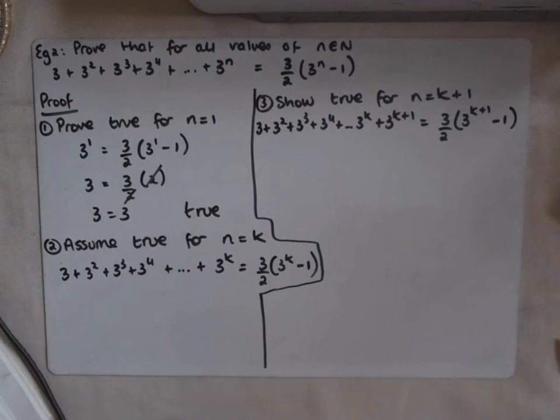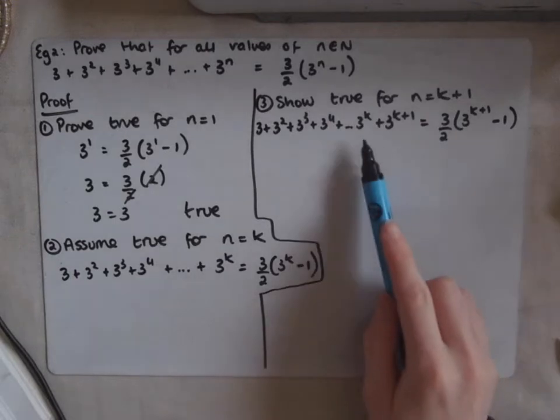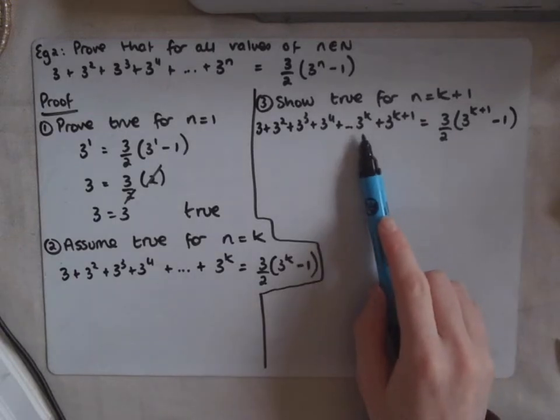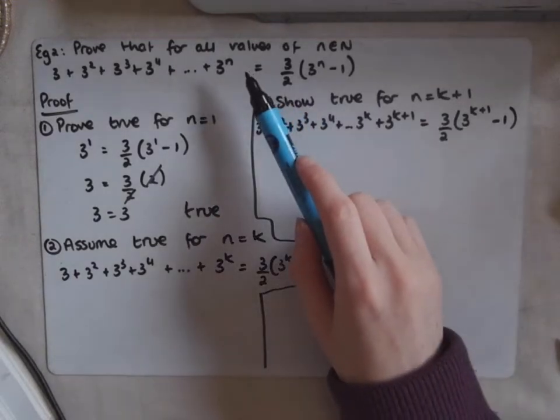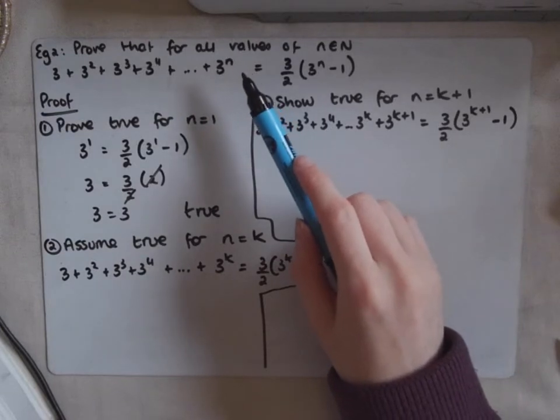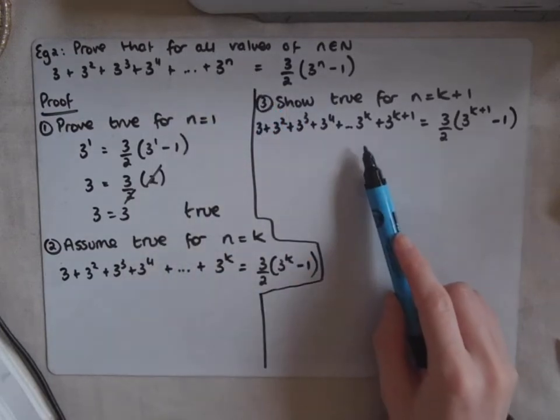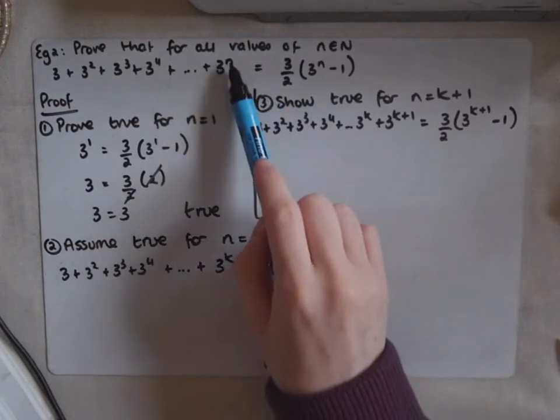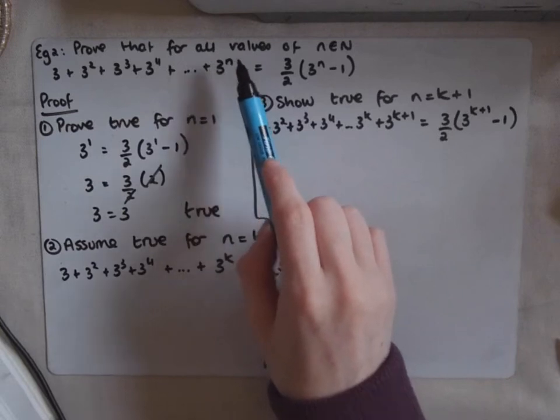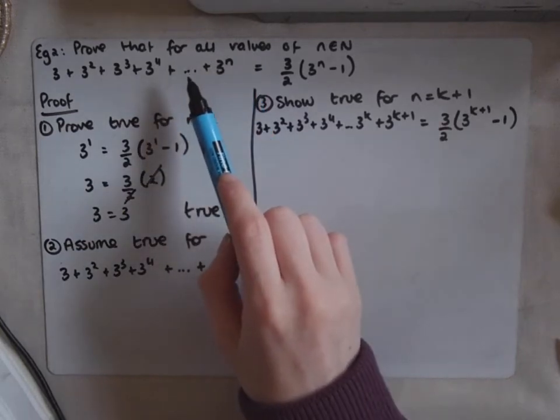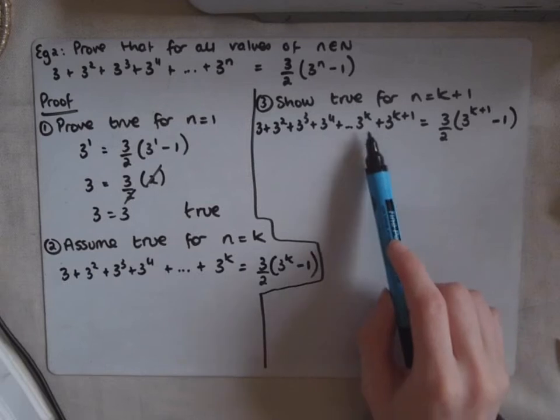Now, I know you're probably saying, why is she still including this 3 to the power k when we've replaced n with k plus 1? Okay? The reason I'm still including this is, if this is 3 to the power k plus 1, the previous term is 3 to the power of k. And I need to include this previous term, okay?